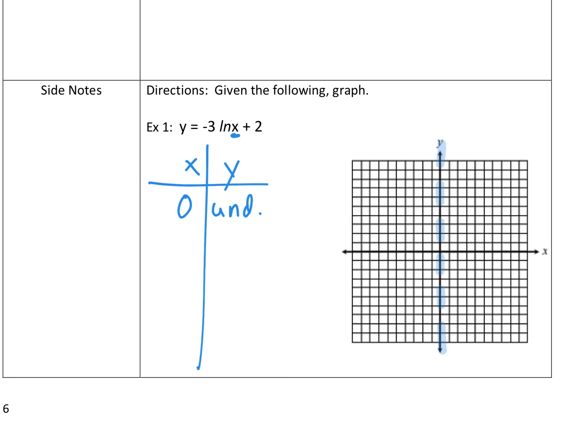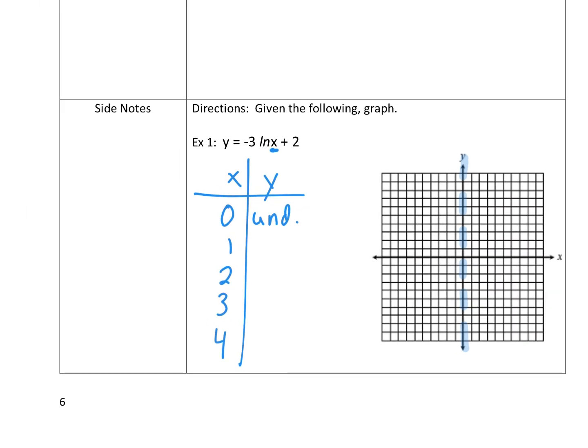These are really easy to plug into the calculator. So same deal, I pick 1, 2, we'll just do 1, 2, 3, 4. If I type these in, -3 natural log of 1, close parentheses, plus 2. Change that 1 to a 2. -0.08. -1.3.